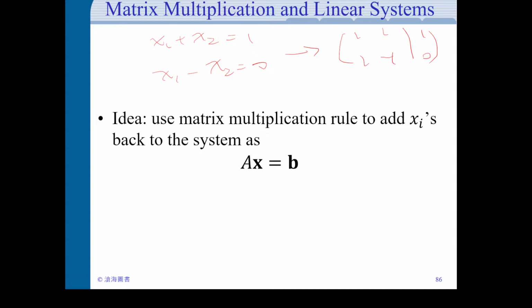So we write this in terms of Ax equals b, with A equal to 1, 1, 1, minus 1, x equal to x1, x2, and b equal to this 1, 0. Now we don't need to write x so many times, but we still know our x is x1 and x2. So this is basically what we do here.